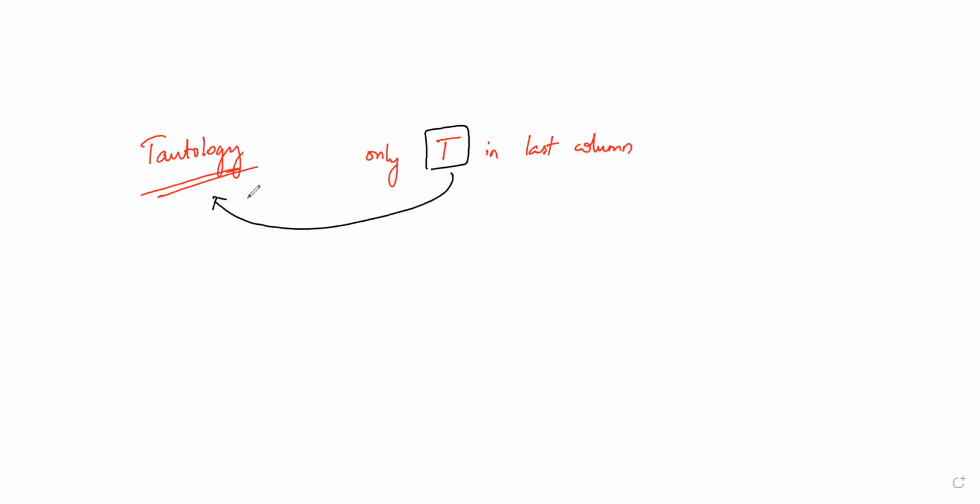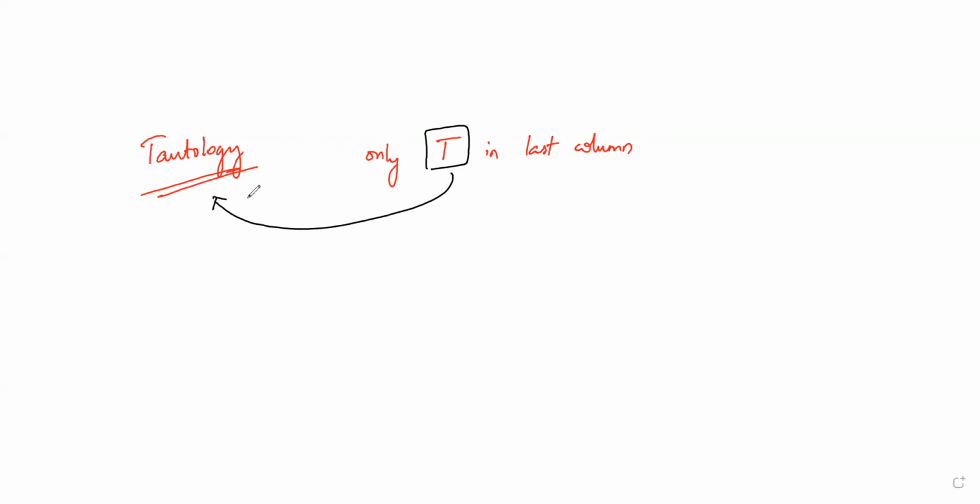There are some terms, sir. One or two terms. So the first one is a tautology. What do you mean by tautology? If the compound statement contains only T in the last column, you will refer to that as a tautology.